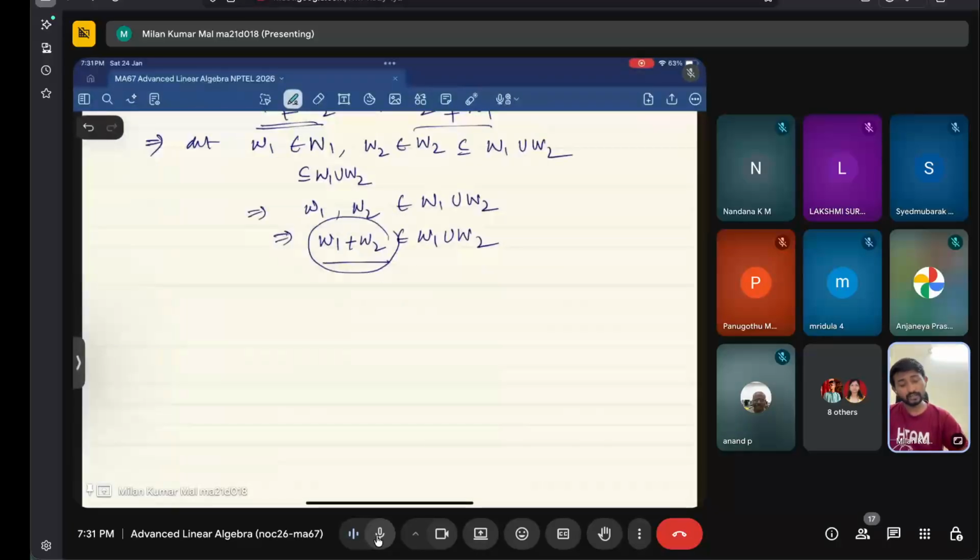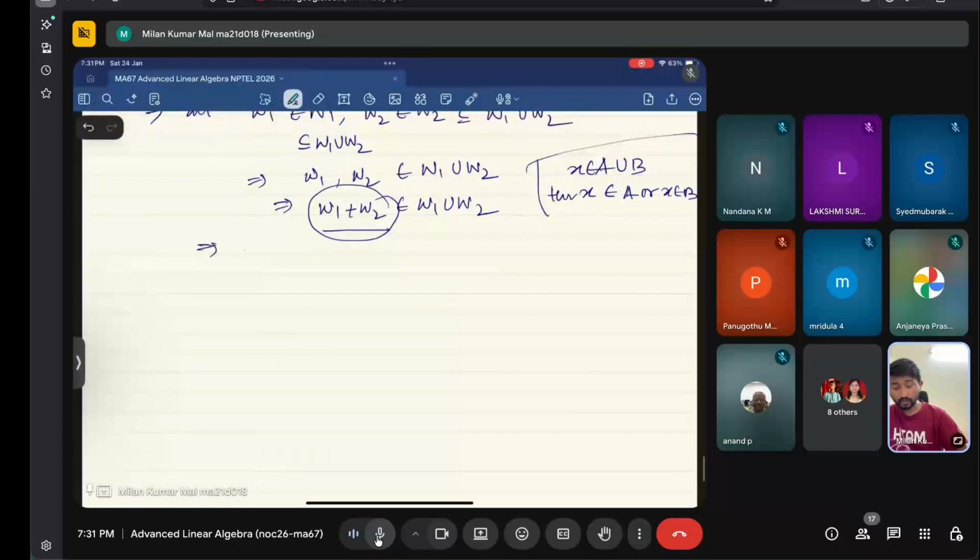Now what does set theory say? Suppose you have A and B, and x is an element in A union B. That means x is either in A or x is in B. So that implies either w1 plus w2 is in W1 or w1 plus w2 is in W2.